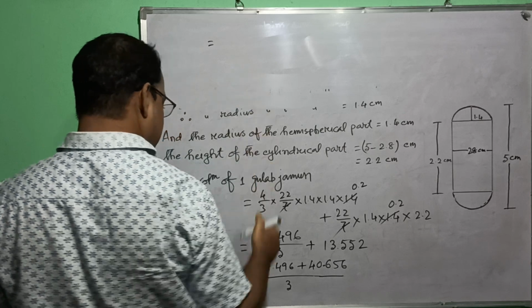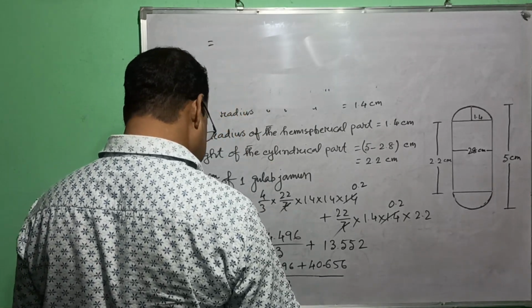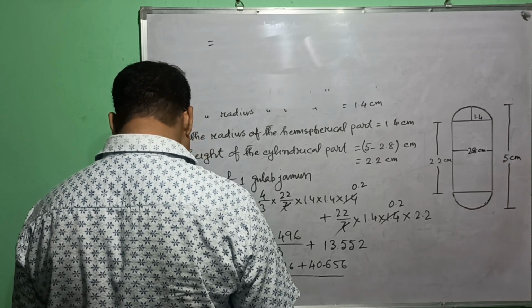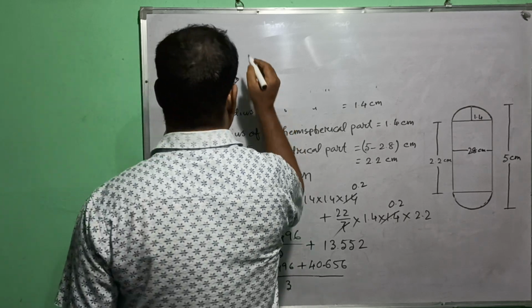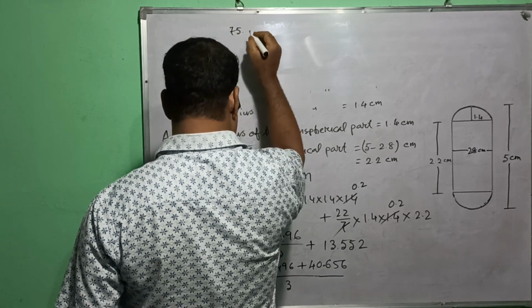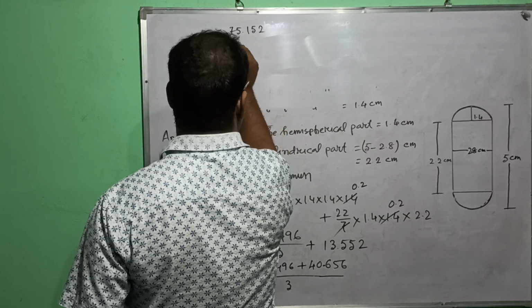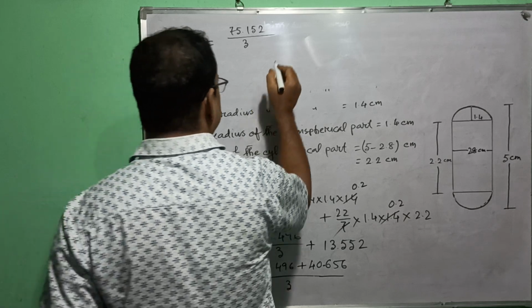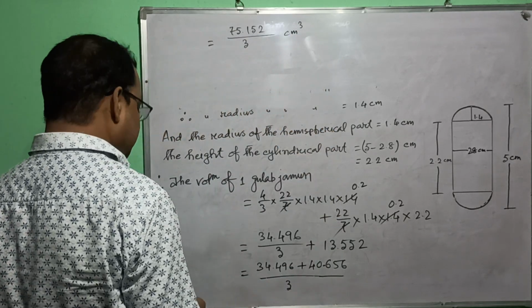Equal. Now let us add it. So it is plus 34.496. It is 75.152 divide 3. So this is the volume of 1 gulab jamun.